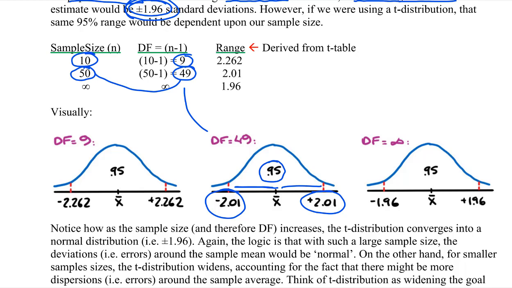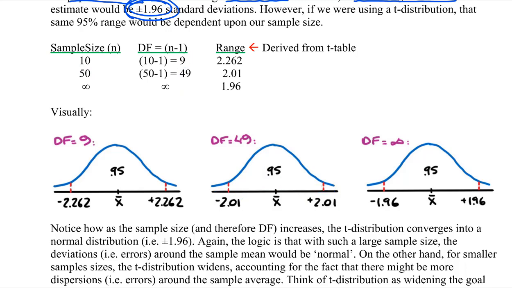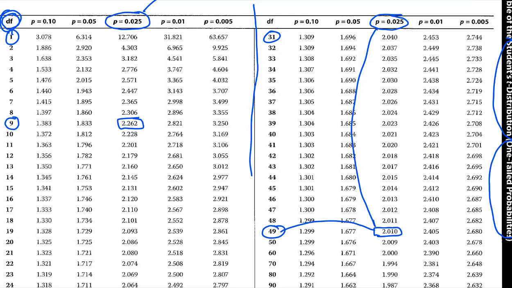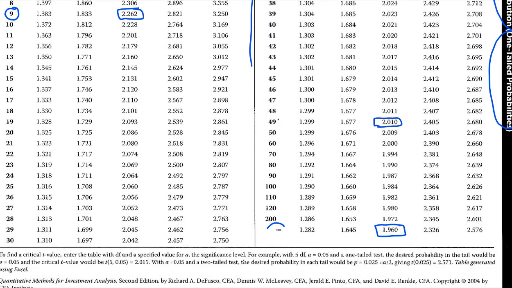Now the final scenario is if the sample size is infinity. So obviously we're looking at theoretical scenarios here. Therefore of course infinity minus 1 is also infinity. So if you go back to our table and you look at degrees of freedom of infinity, and they do have one here, so infinity, and again I'm looking under the column that has a tail area of 0.025, you get 1.96.